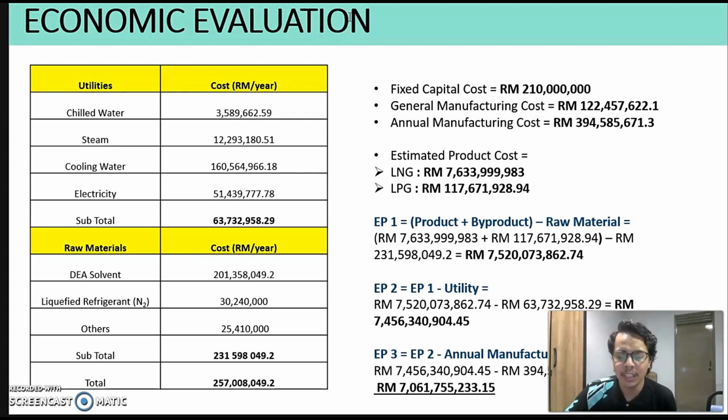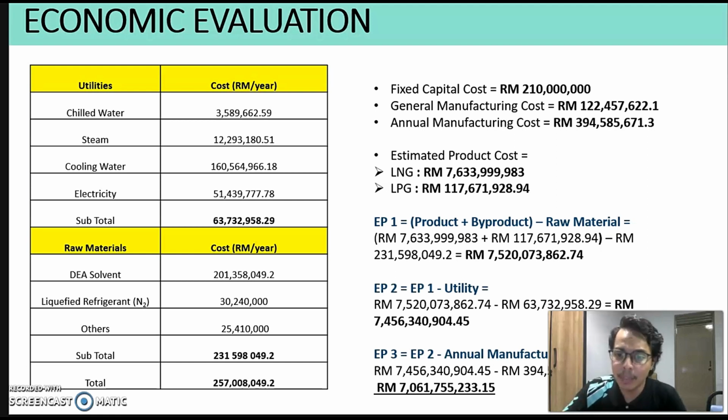Alright, the next part is economic evaluation. For the utilities, we are considering chilled water, steam, cooling water, and also electricity, and the subtotal is around 63 million ringgit per year. The raw materials that we are considering are DEA solvent and liquefied refrigerant, which is nitrogen, with the amount of 231 million ringgit per year.